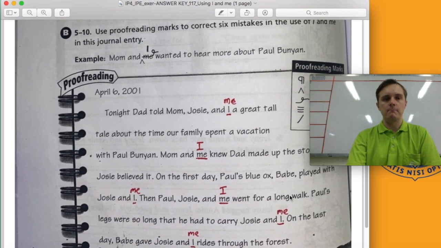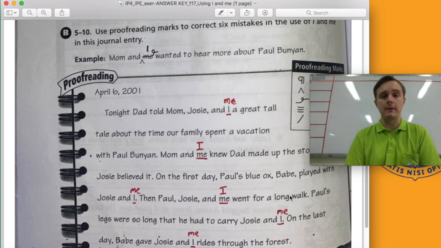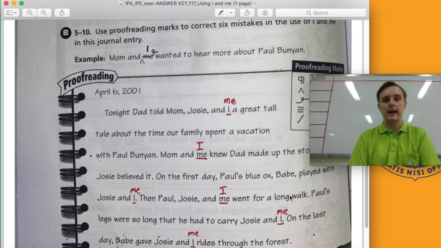In section B, there were 6 mistakes using I and me. So you needed to read and find those mistakes. So, tonight, Dad told Mom, Josie and me a great tall tale about the time our family spent a vacation with Paul Bunyan.